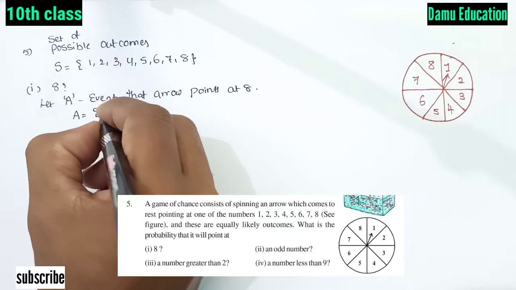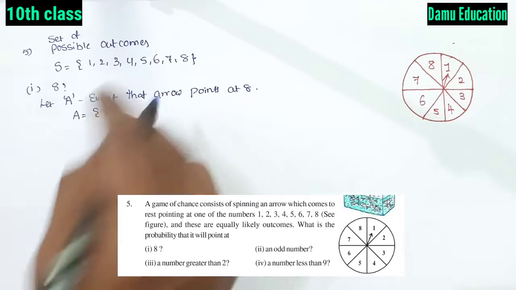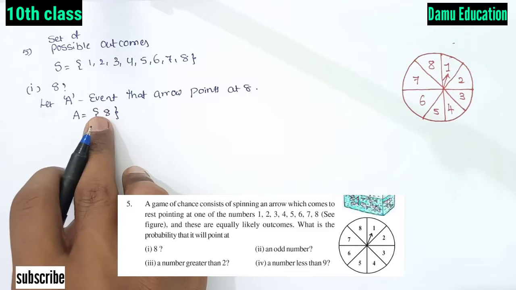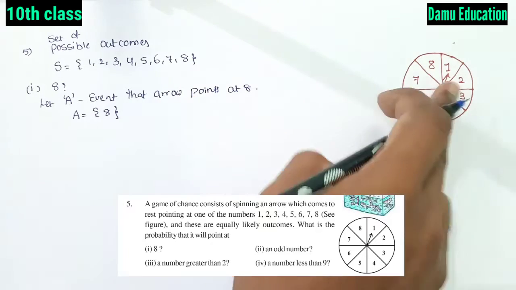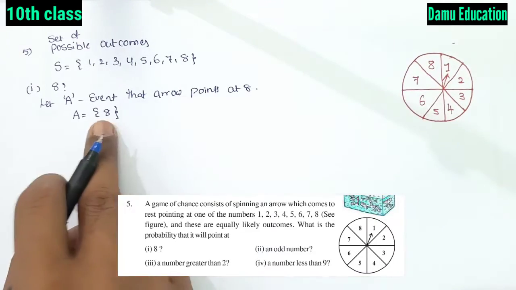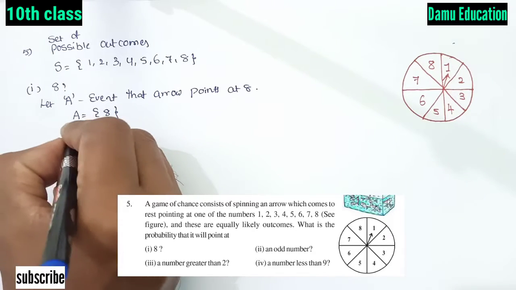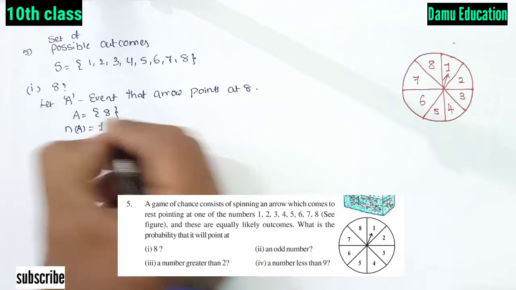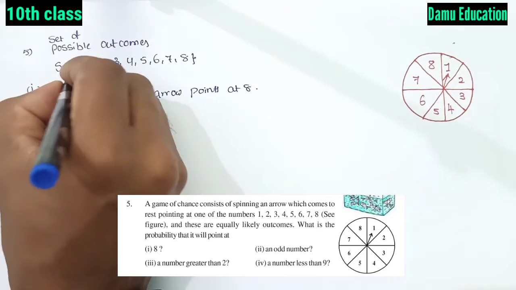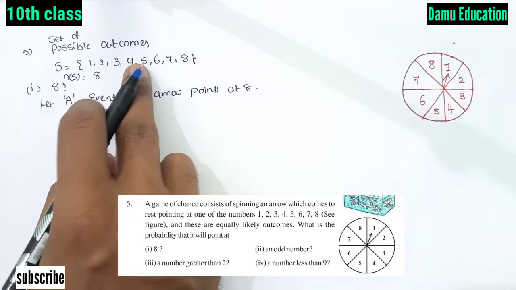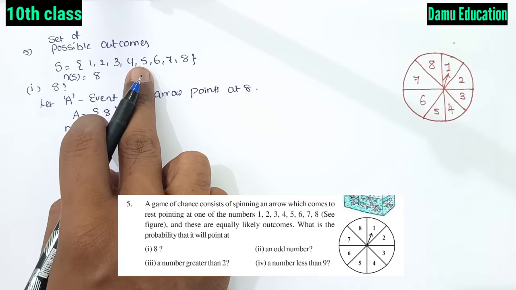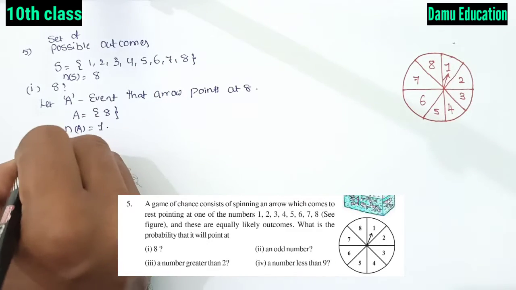Only one element, 8. So the number of numbers which point at 8 is only one. So n of A is 1. Then n of S is 8, the number of elements the set of possible outcomes consists of.